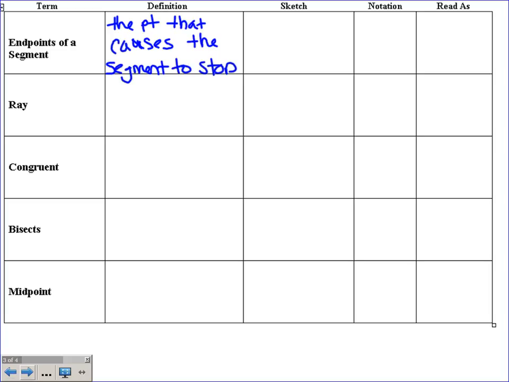So if we start here and we drew as many letters as we want, let's do D, E, or C, B, something like that. Those are the endpoints. That's an endpoint. That guy's an endpoint. Where are they at? They're at the end. Pretty straightforward.